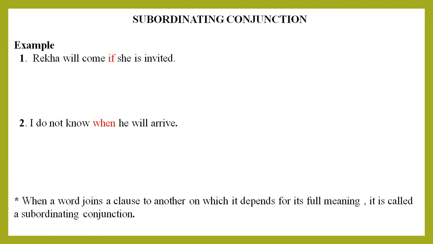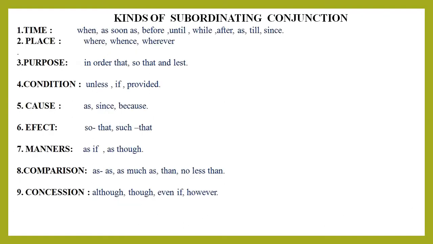The conjunctions "if" and "when" therefore join two clauses of unequal rank. So dear students, in this way we can say that when a word joins a clause to another on which it depends for its full meaning, it is called a subordinating conjunction. Now let's see next.